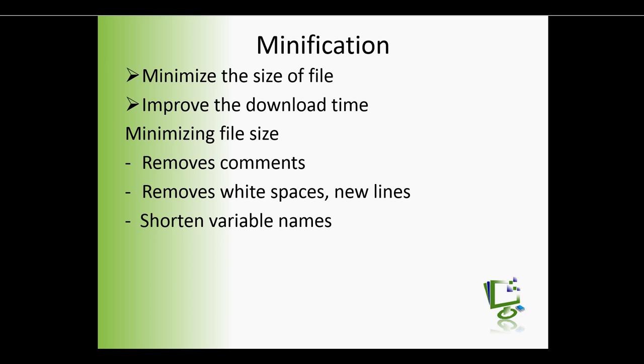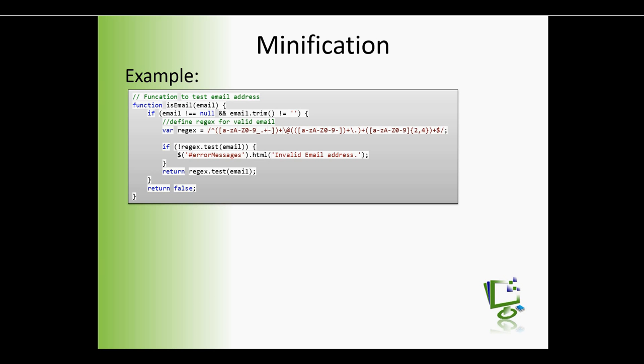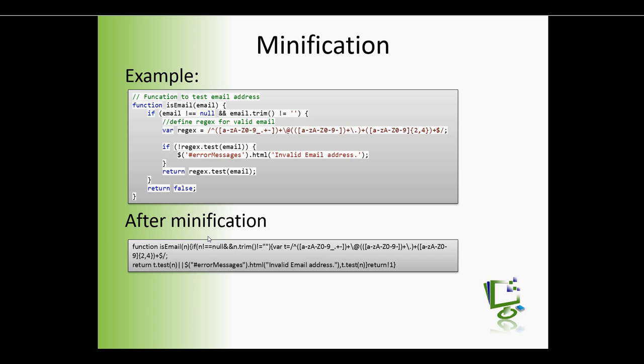So let's understand how minification works by taking a simple example. Here on the screen I have an email validation function. This email validation function takes an email parameter, matches that parameter with the regex parameter, and returns true or false based on the passed parameter. After the minification process, on the screen I have the minified version of this function.